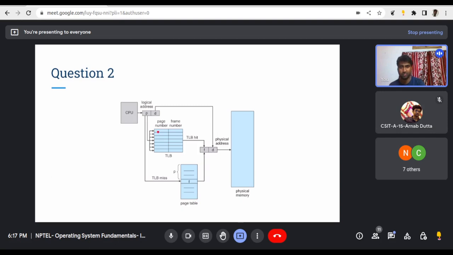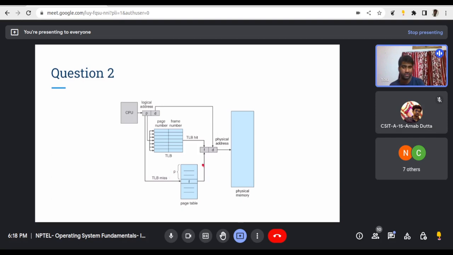So the page number entries are first matched using associative mapping. If it is a hit, the corresponding frame number is taken, and then we get the physical address using the page offset, that is D. Okay, so that gives us the physical address, and now we can access the main memory. If it is a TLB miss, then we come to this section and we have to access the page table as usual.